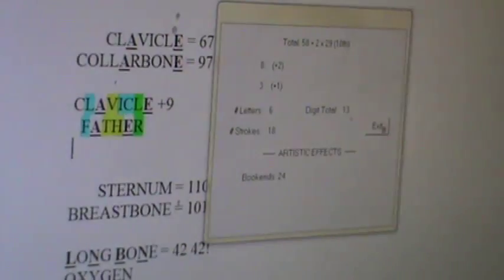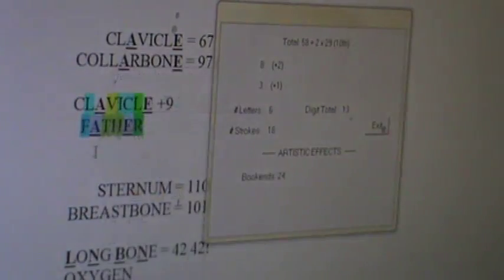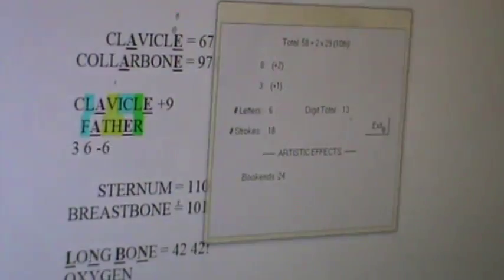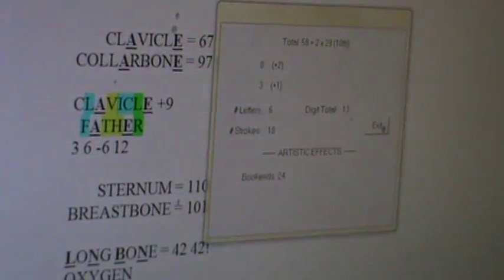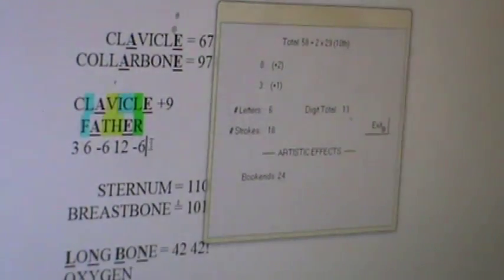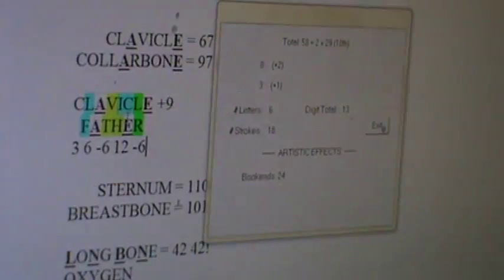But if you write down those offsets with clavicle on top, the clavicle has 3, then it was +6, and then it lost the 6, and then it had the 12, and then it lost the 6, and then the A plus the E in both equals 6. Like A plus E equals 6.